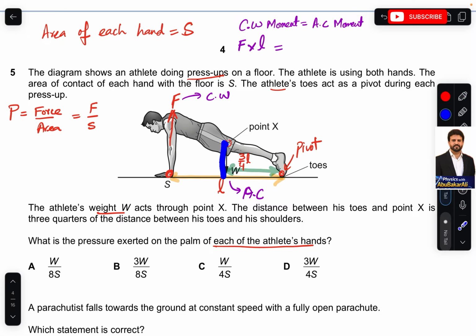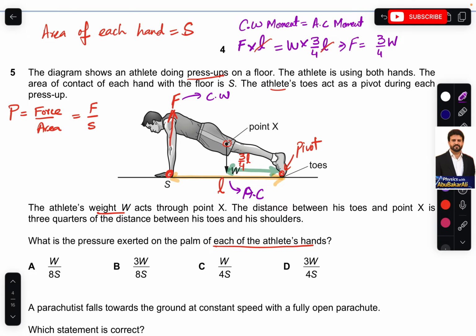The anti-clockwise movement has the force acting at this point, so you consider this distance, that is 3/4 L. So it is W into 3/4 L. I'm interested in this F. This L will cancel out with this L and F will be equal to 3/4 W. Now there is a catch.